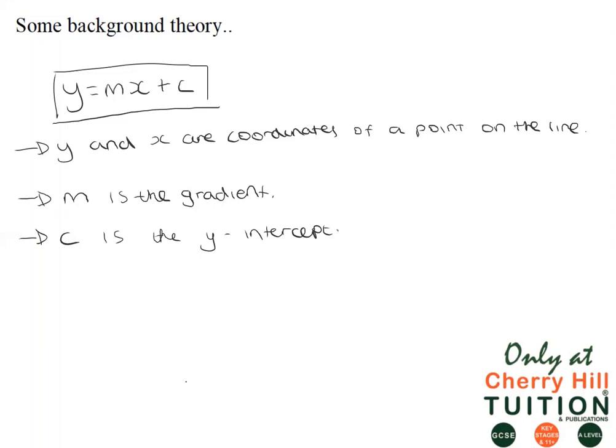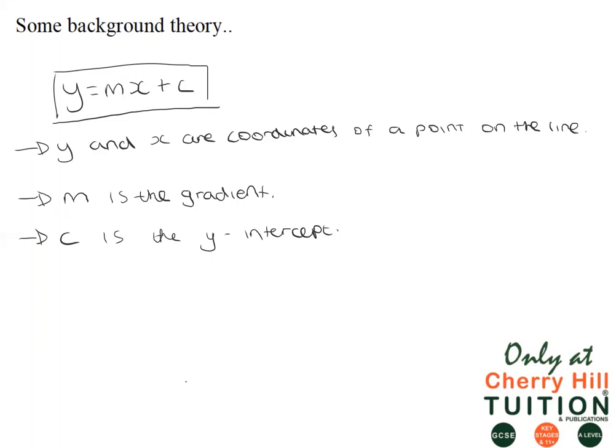In order to identify the correct value of the gradient and the y-intercept, the equation needs to be in the form y is equal to mx plus c. So y needs to be on its own on one side of the equation. This will make more sense once we go through a few more questions.